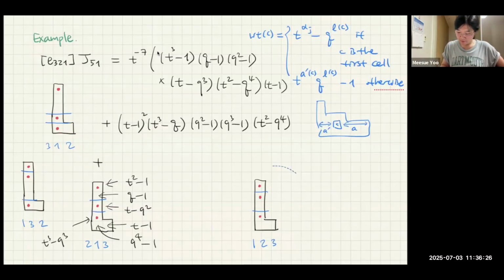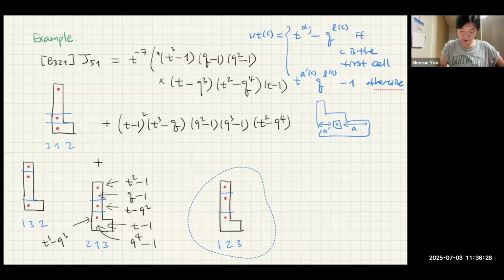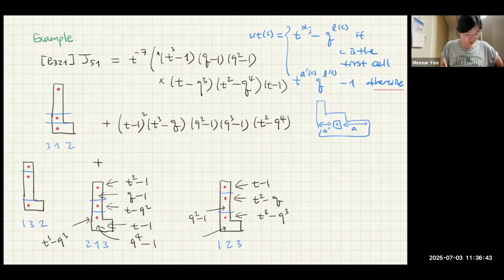And for this one, it is t minus 1, t minus 1, t squared minus q, q squared minus 1, t cubed minus q cubed, q to the 4 minus 1, and t minus 1.